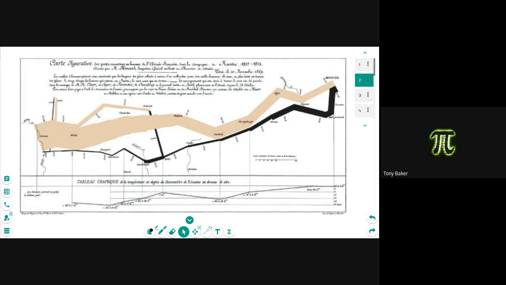So you can see their path across Europe and into Russia, how his 425,000 troops got smaller and smaller and smaller. And on the way back, the black bar, he ended up coming home with only 10,000 troops. So it's just a really interesting way to visualize that information and how you can see it all.